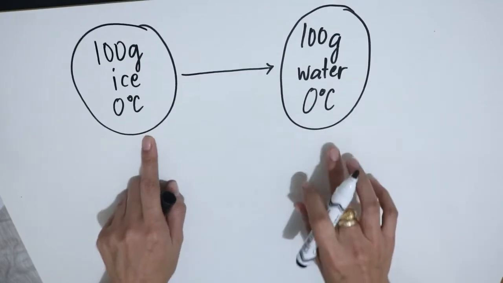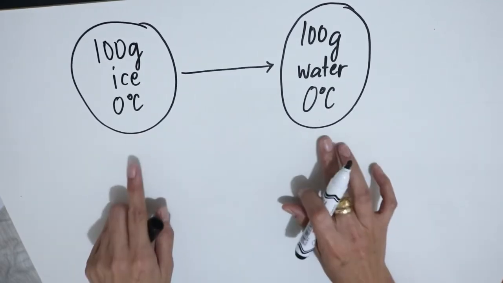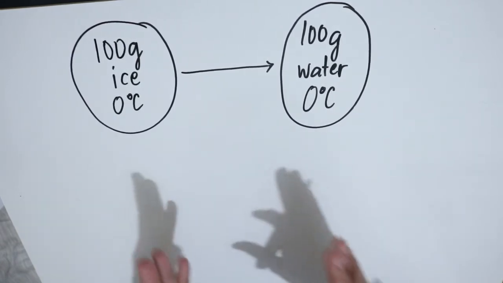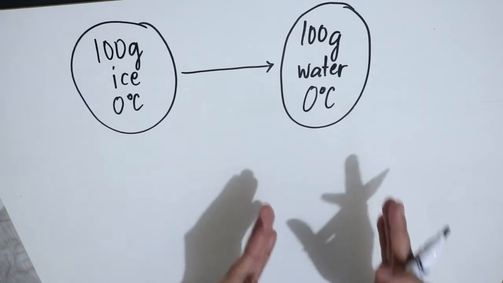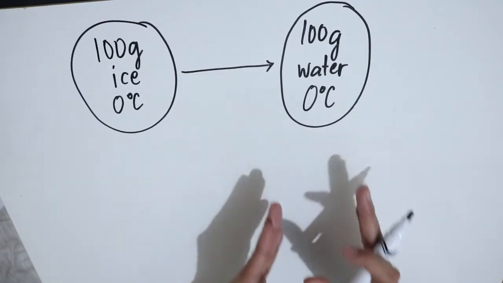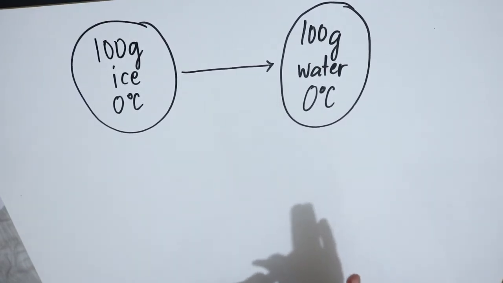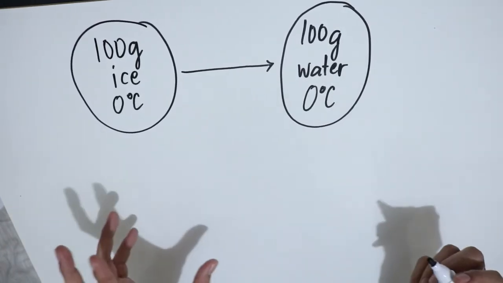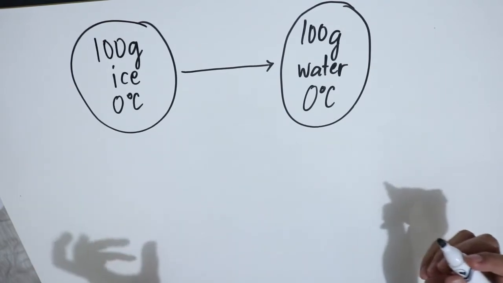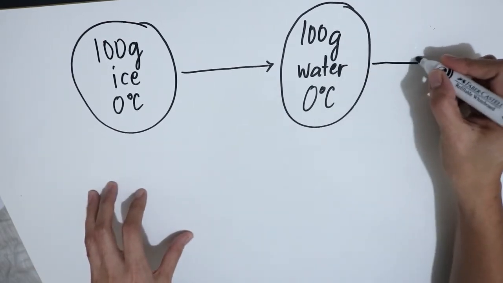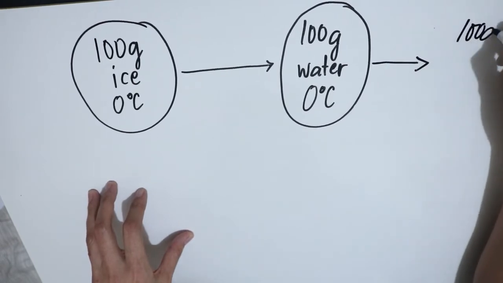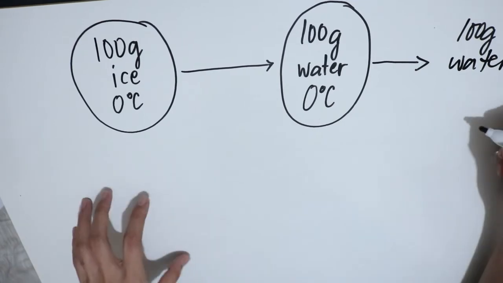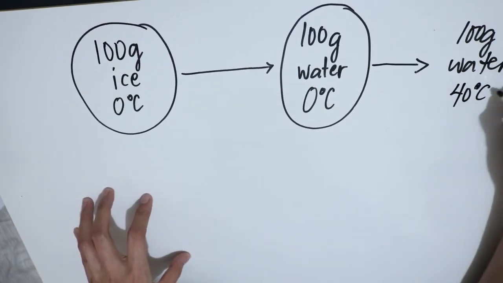There's no change in the temperature, only a change in phase, from solid to liquid. But the problem also asks how much energy will be used when this water is increased to 40 degrees Celsius.